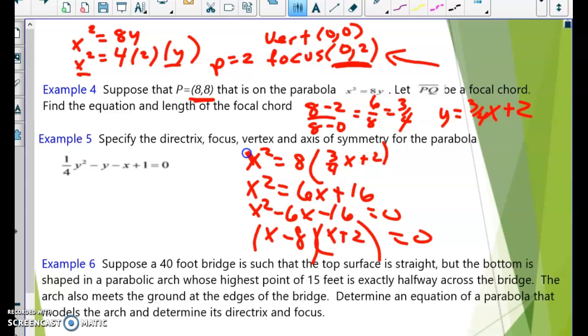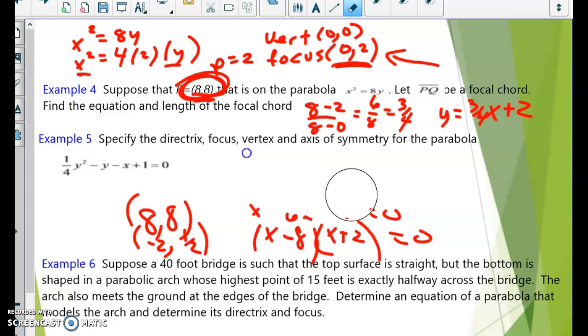I already know that if x is equal to 8, the other value is 8. That was given to us. The one that we need to find is what happens when x is equal to -2. So if I put it in the parabola, I get 4 equals 8y, divide by 8, I get a y of 1/2. So now all that is left to do is find the distance between those 2 points.